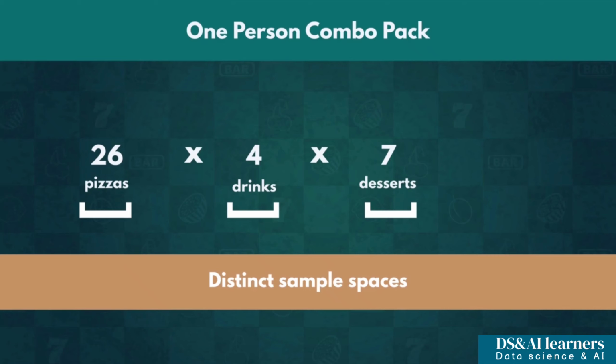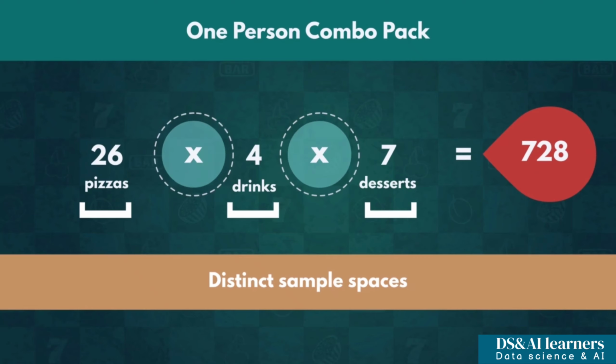This would result in 26 times 4 times 7, or a total of 728 possible ways to fill out this deal. Now, we use multiplication here because regardless of which of the 26 pizzas we get, we can accompany it with any of the 4 beverages. Following the same logic, for any of those pizza and drink combos, we have 7 different dessert options.